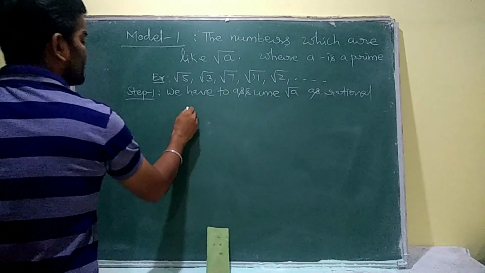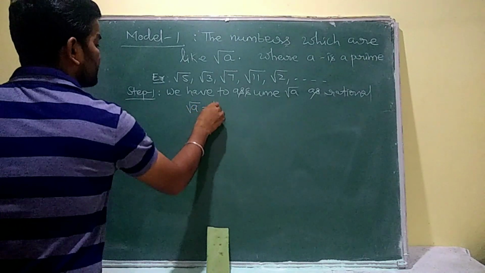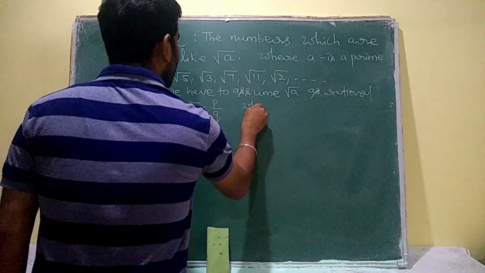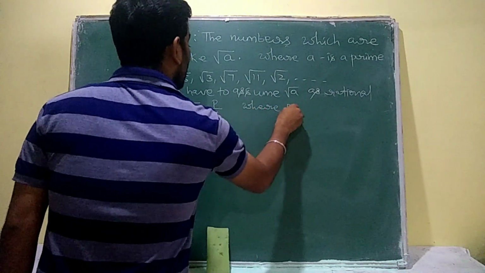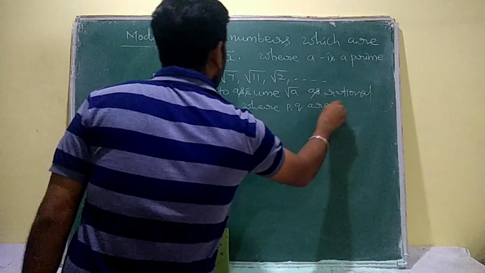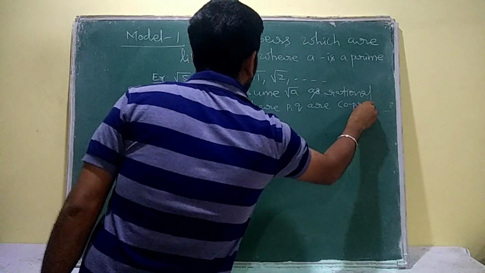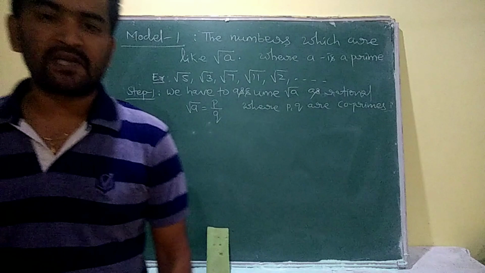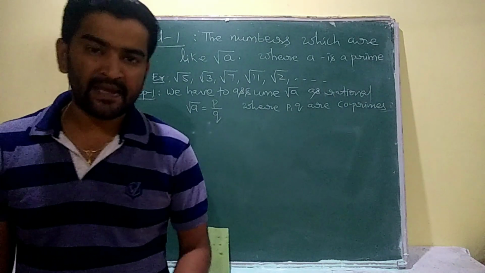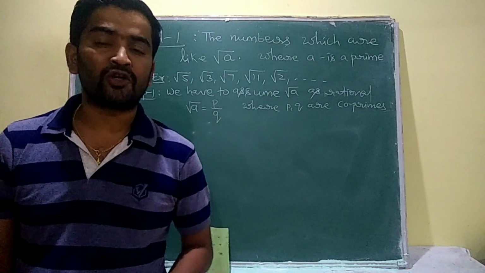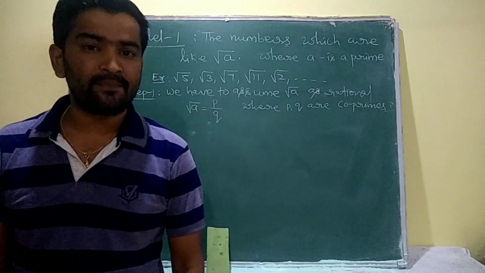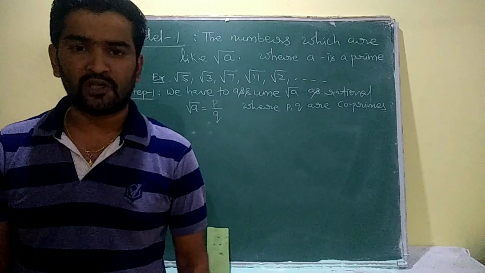As root A is rational, then we have to express that as root A is equal to P by Q, where P, Q are co-primes. Co-primes and relatively primes are the same. Co-primes or relatively primes means that P and Q are going to have 1 as the greatest common factor. That is the key point to solve this particular model.